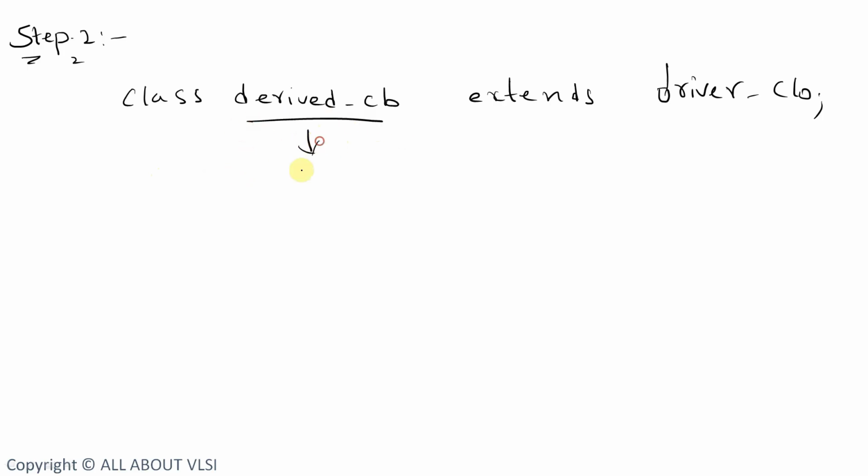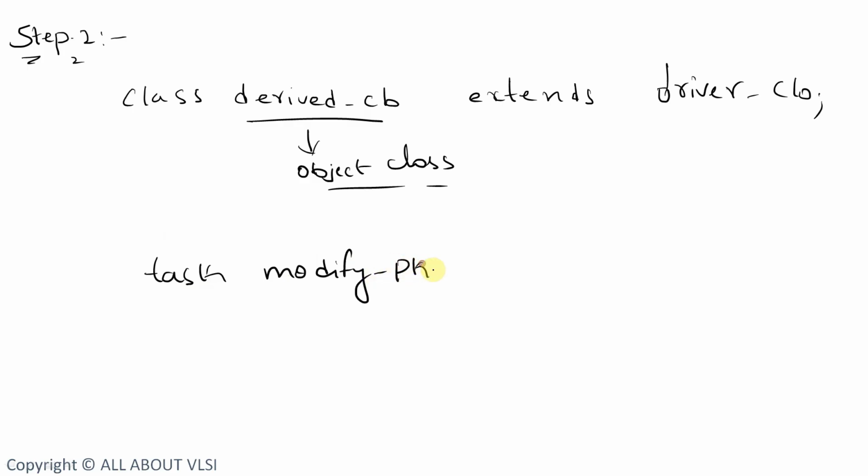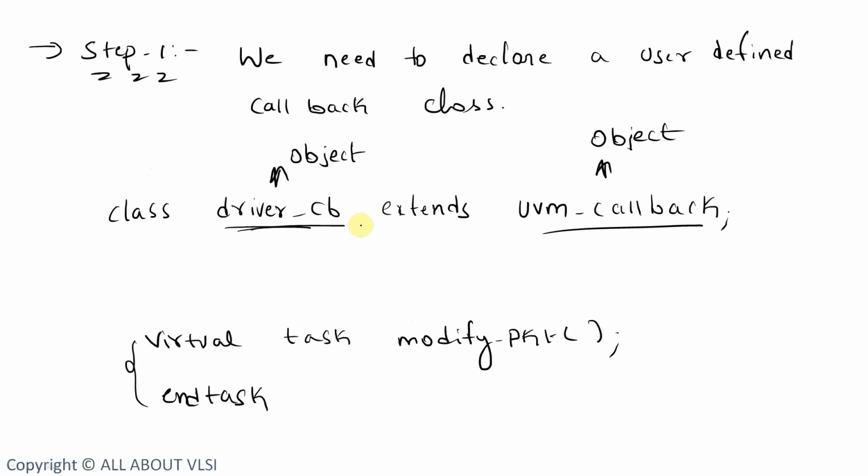Here I am going to override the task modify_packet and add whatever functionality I need, followed by endtask. So basically I'm declaring the body in this class. We should be careful that driver_CB and derived_CB are both object classes.